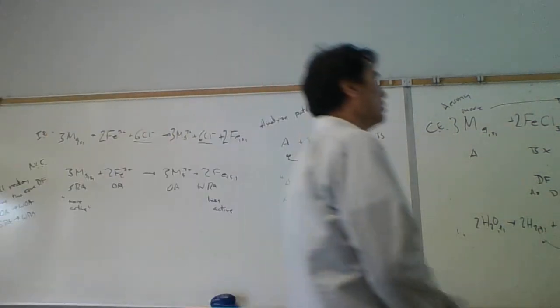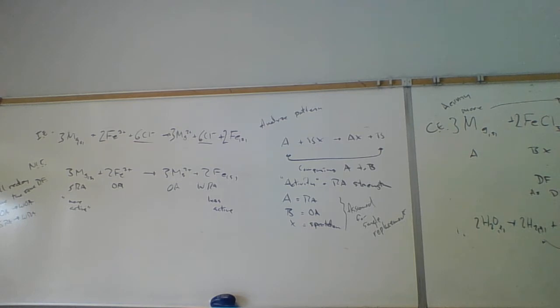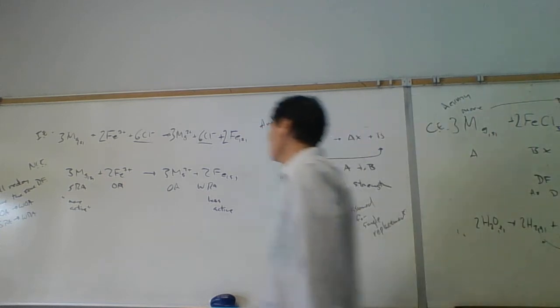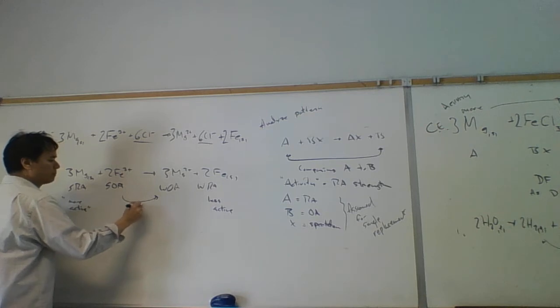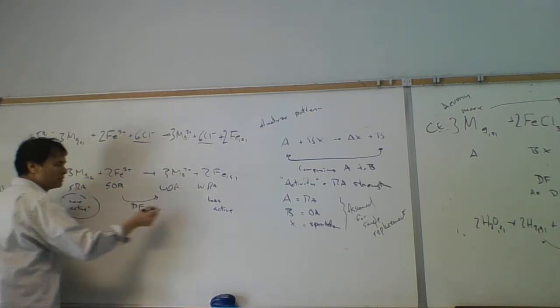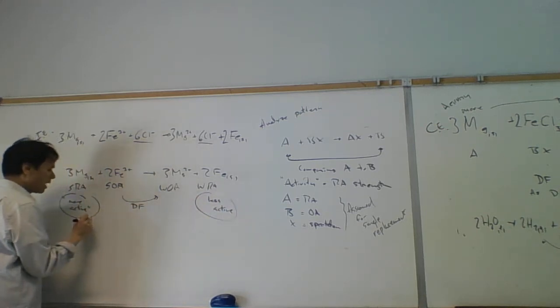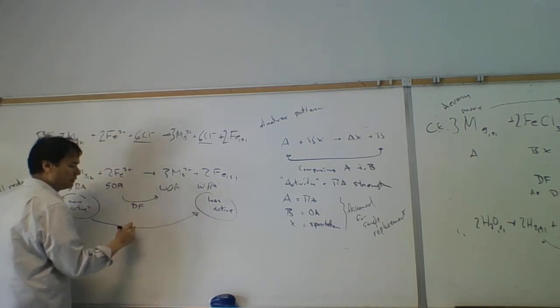So what's a stronger oxidizer? Iron 3 or magnesium 2 plus? Iron 3. So we're going from stronger to weaker. And so this is our driving force here. Or in terms of activity series, we're going from more active A to less active B. That's our driving force.